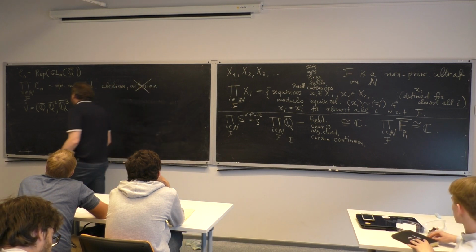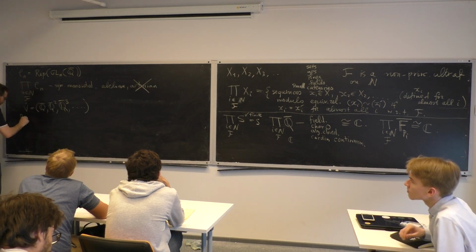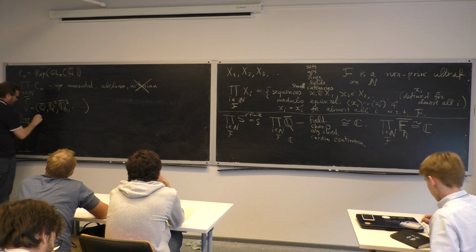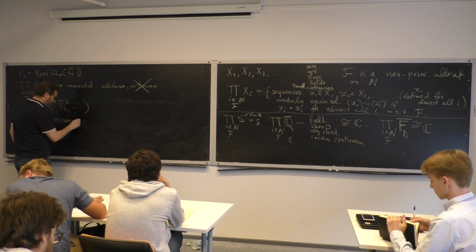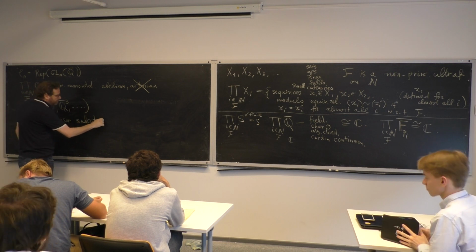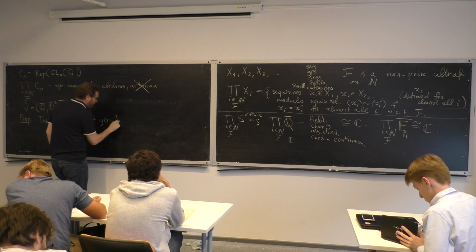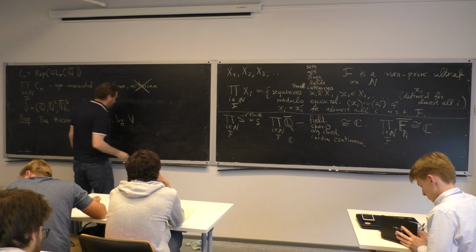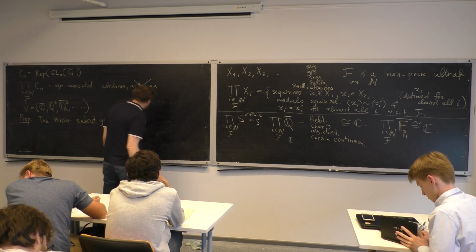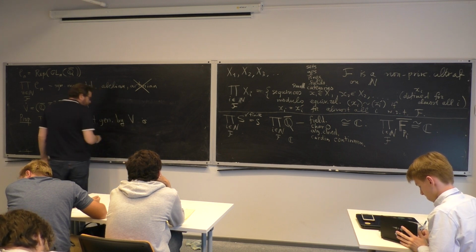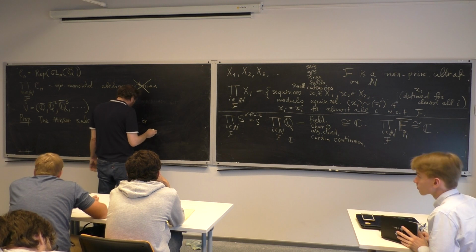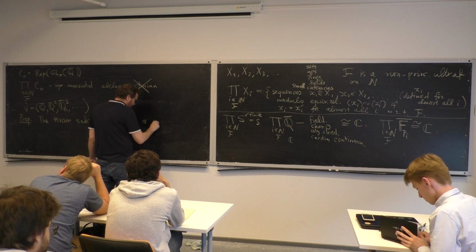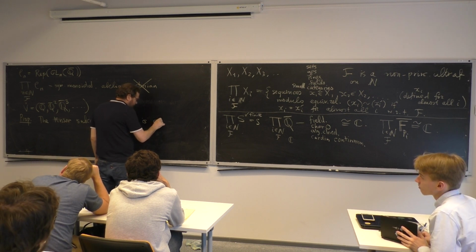So, proposition: the tensor subcategory generated by V is Artinian.